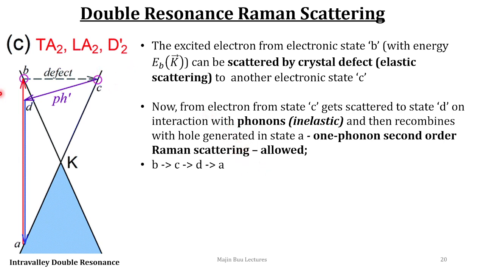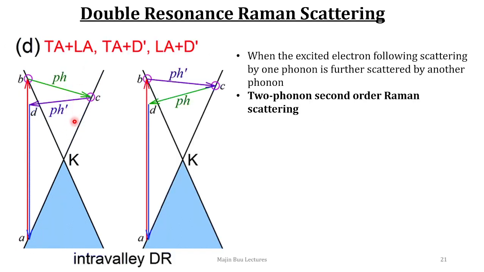While these processes involved a defect and a phonon, it can also be such that two defects are involved in the excitation and the subsequent electron hole recombination, resulting in again a double resonance Raman scattering, but in this case a two phonon second order Raman scattering.